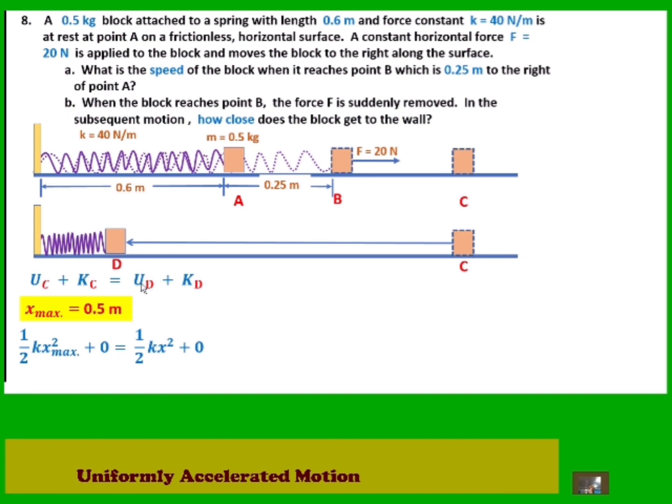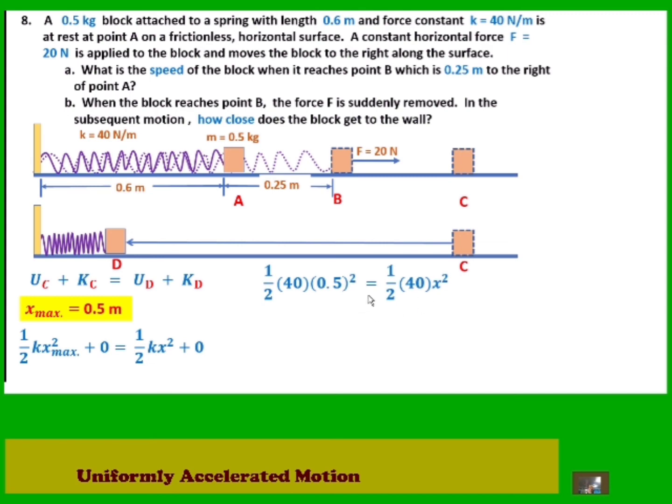At point D, its elastic potential energy is 1/2 kx squared, and its kinetic energy at point D, where it stops for a while, is equal to 0. So substitute the values. The maximum value of x is 0.5. k is 40.